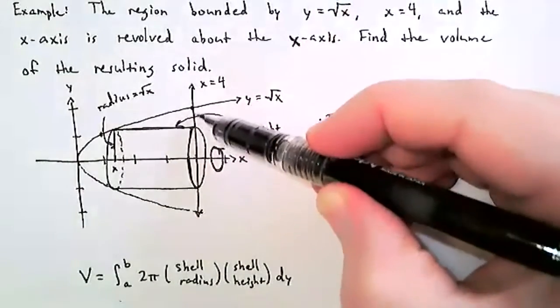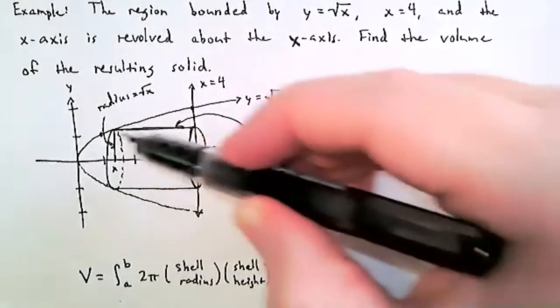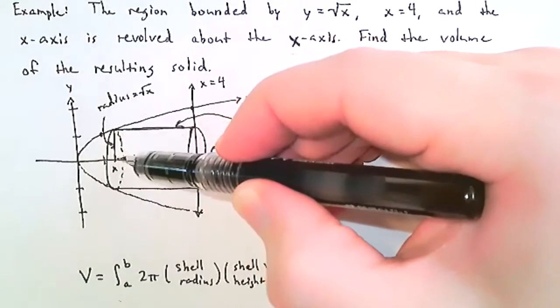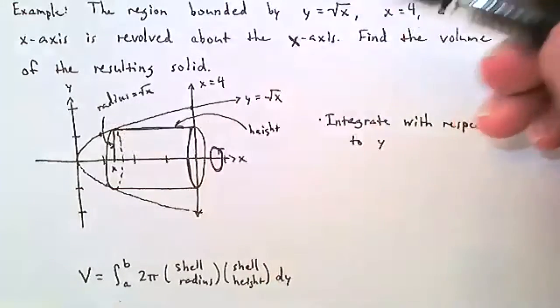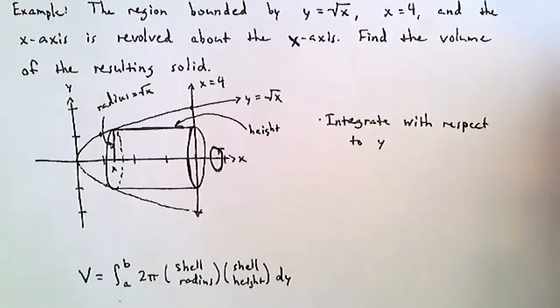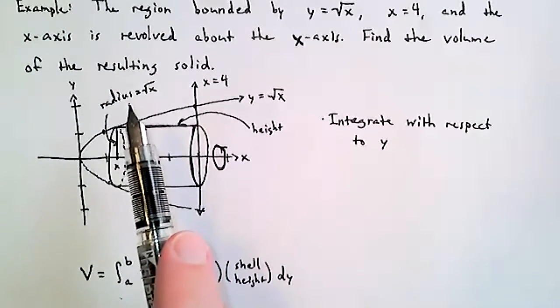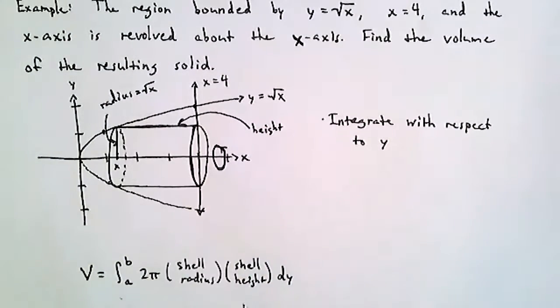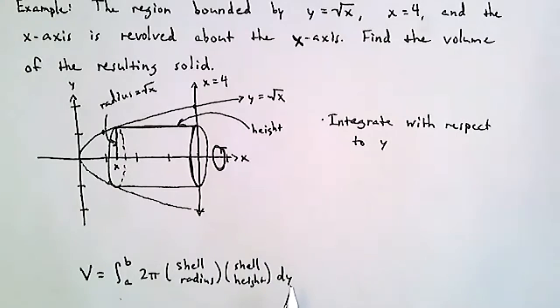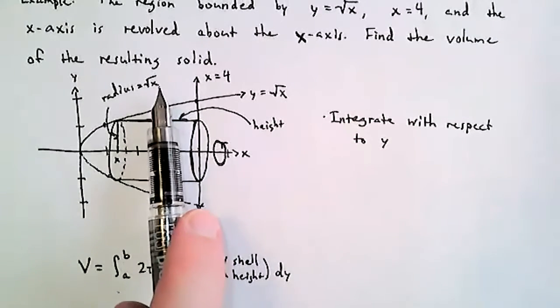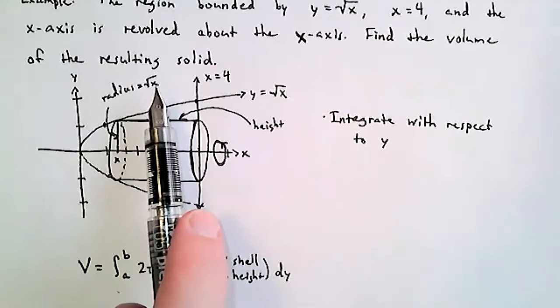I need to find the distance between x equals 4 and the x coordinate here. And maybe you've also noticed a problem with my radius, because I'm integrating with respect to y, and here my radius is written in terms of x. So I'll have to rearrange this as well.